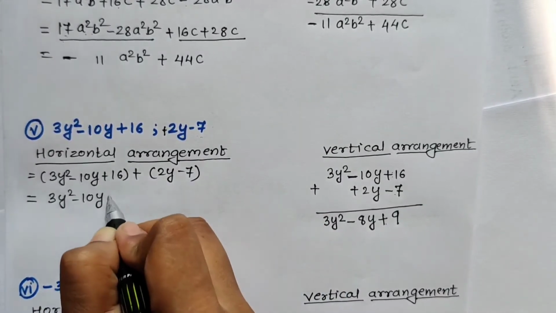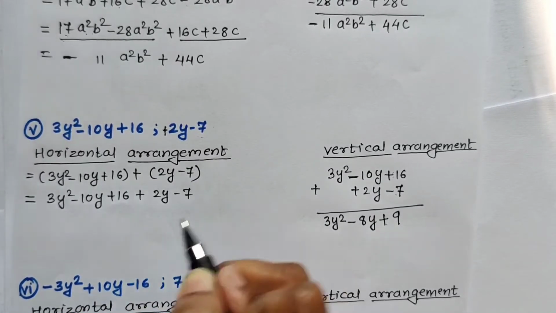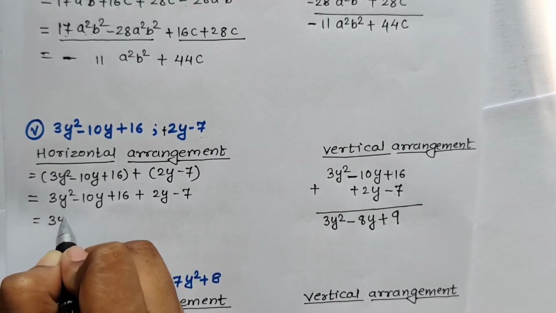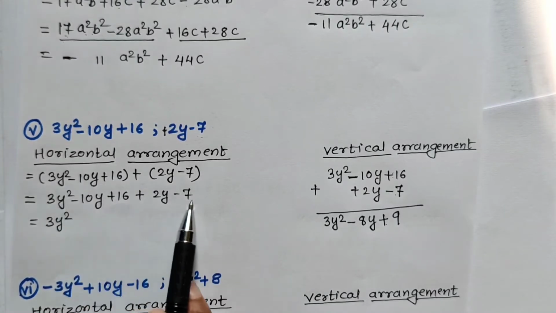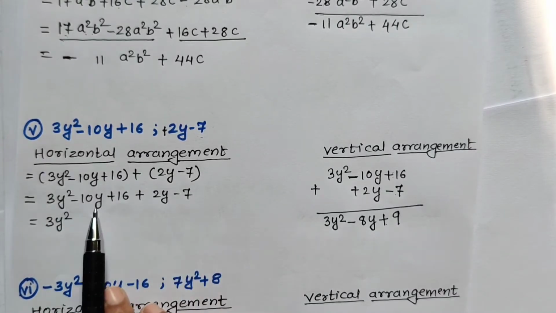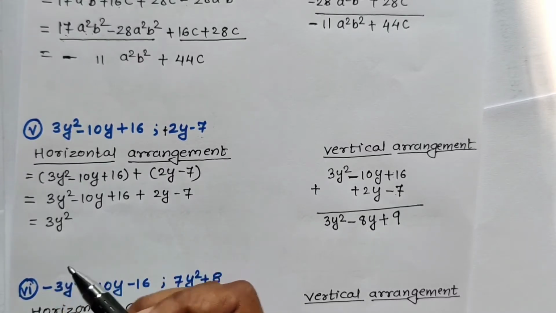Remove the bracket. Now what we do? We write plus first term 3y square. Now let us check y square term is there. After this, no y square term is there. So we write 3y square as it is.